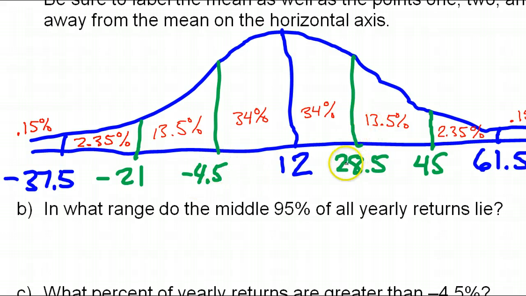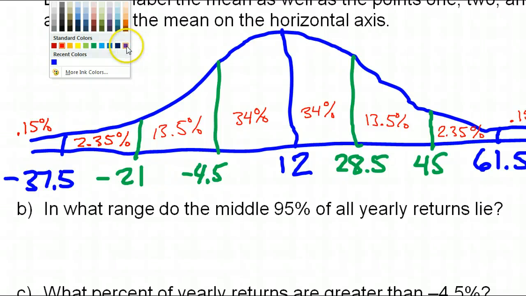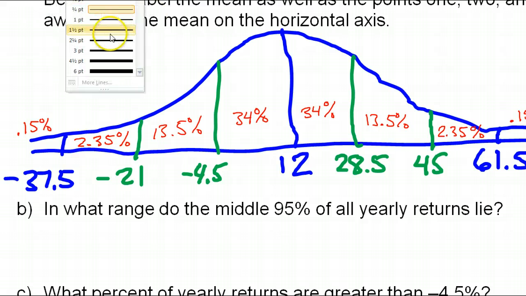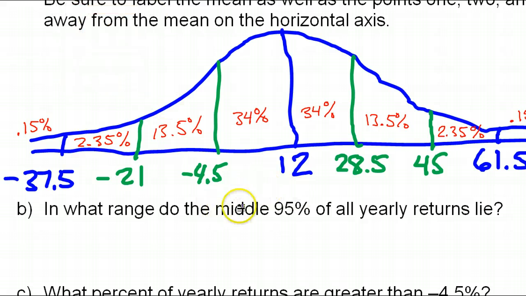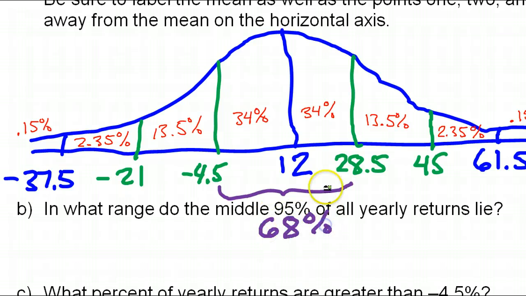There are also 3 more versions of these numbers that you need to know. Okay, I would highly recommend you memorize the following 3 numbers in addition. And here they are. Okay, if I go out 1 standard deviation in both directions from the mean, that is 68% of the data. 34 and 34, but just think of it as 68%.